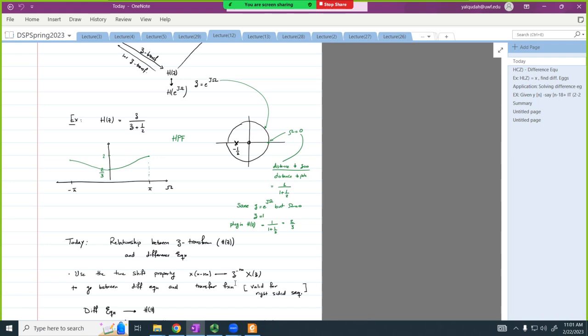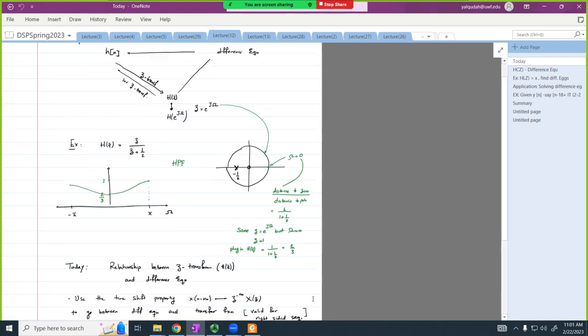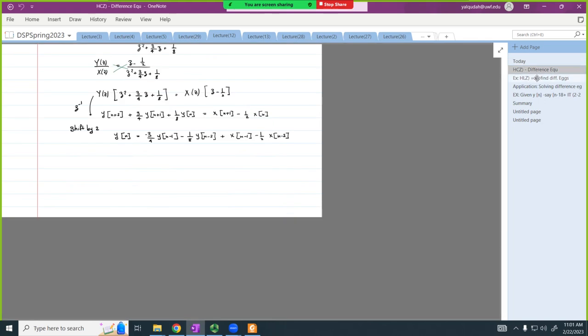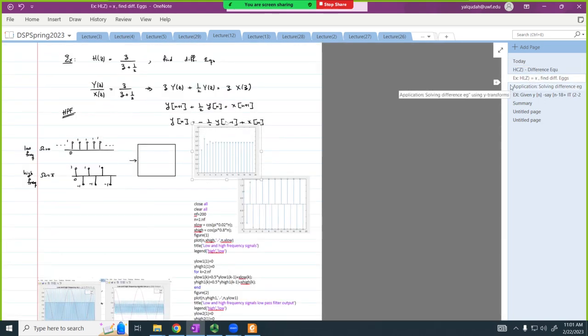Make sense? So then we said, let's demonstrate that, and show that indeed if I put in a signal that is very low frequency, which is omega equal to 0, it will get attenuated. And if I put in a high frequency, which was pi, it should get amplified.